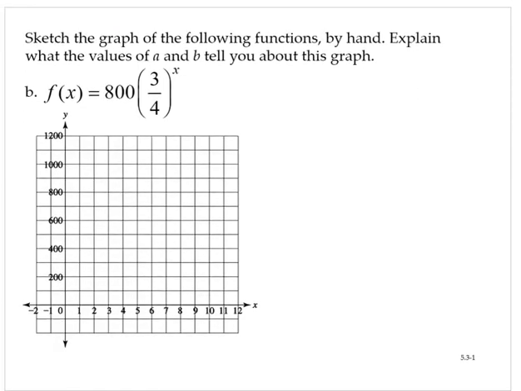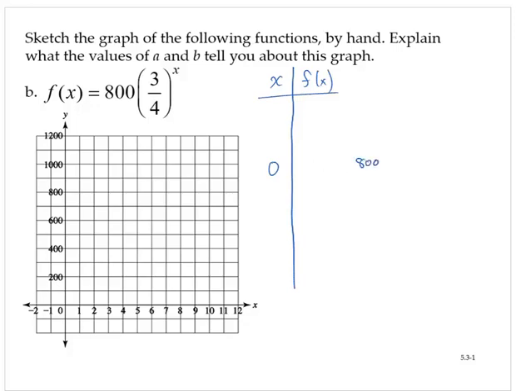I'm given another one. 800 times 3/4 to the x. So again, I'll set up a table of values here. And like before, I'm going to start with 0. 3/4 to the 0 is 1, right?